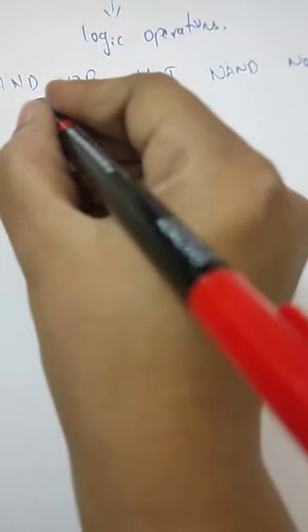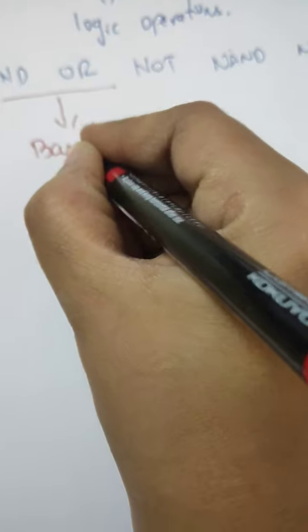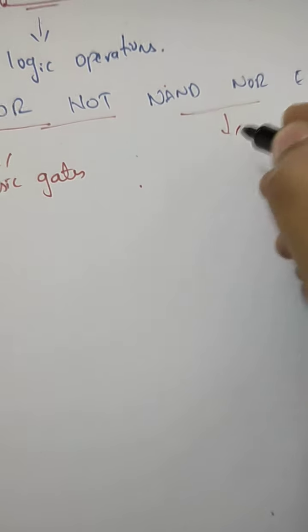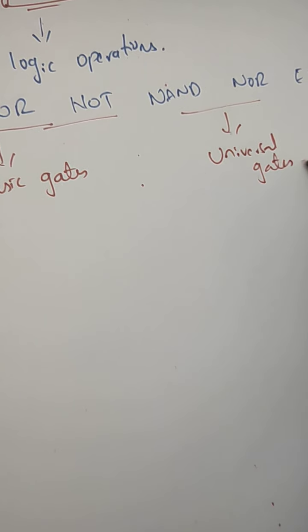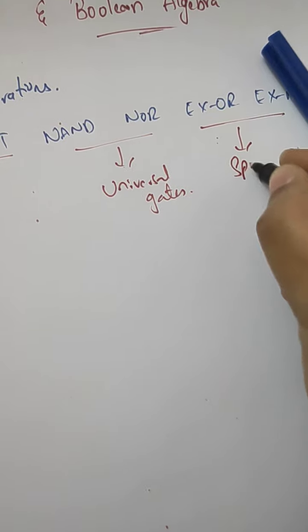In that, these first three gates are known as the basic gates, which are the initial gates, NAND and NOR are the universal gates, and XOR and XNOR are the special gates.